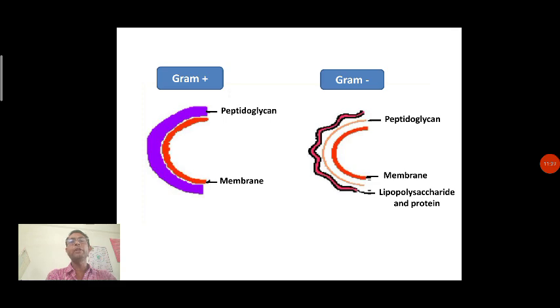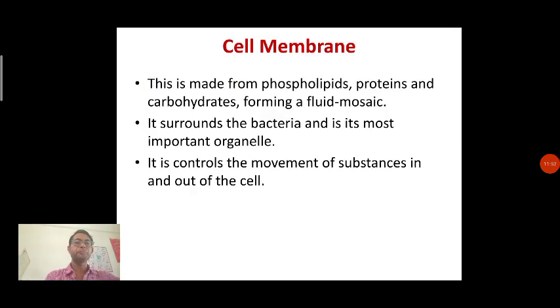Now, as we discussed earlier, there are two different types of bacteria available on the earth, categorized in two different ways. We call them gram positive bacteria and gram negative bacteria. These two bacteria have a difference in their peptidoglycan layer, and that's why they show different structures.